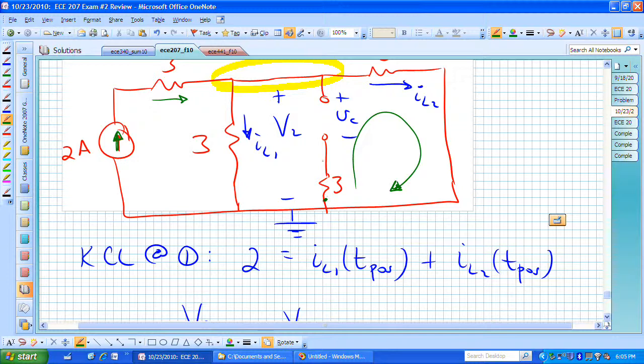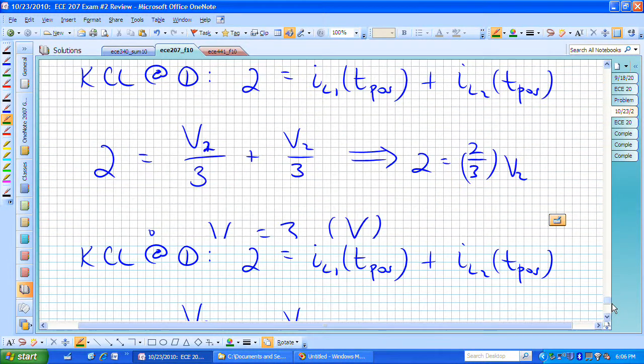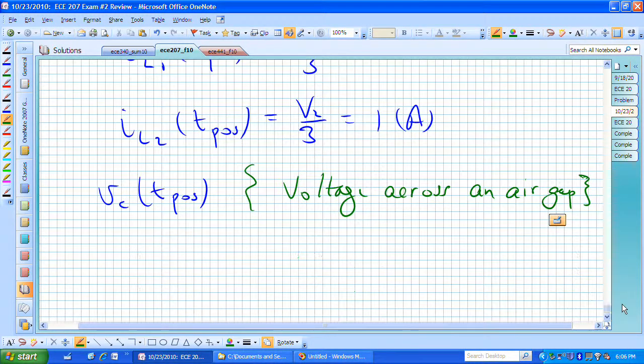Again, from here to here, the voltage drop, because there's no current flowing in that branch, is 0. We have minus V sub C plus the drop of this horizontal resistor on the right hand side, which we know to be I sub L sub 2, times that particular resistor value.